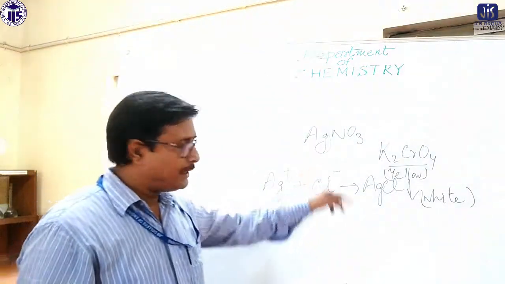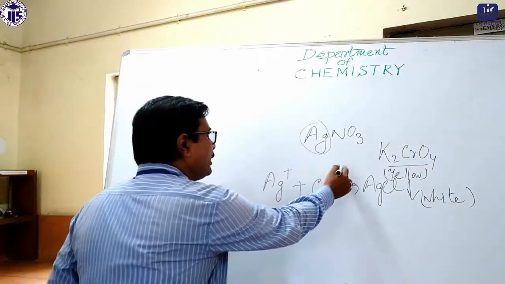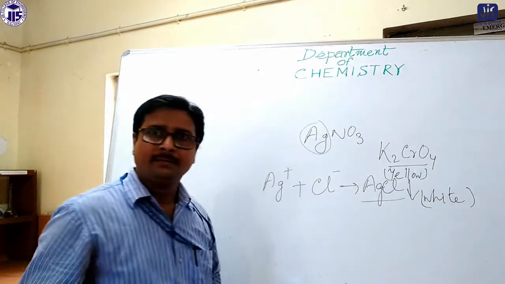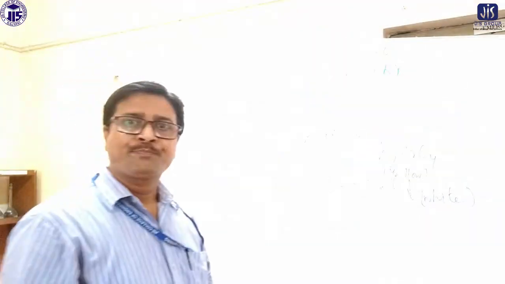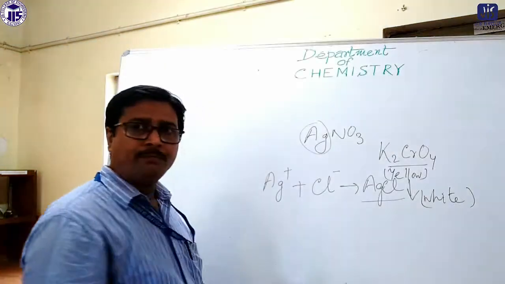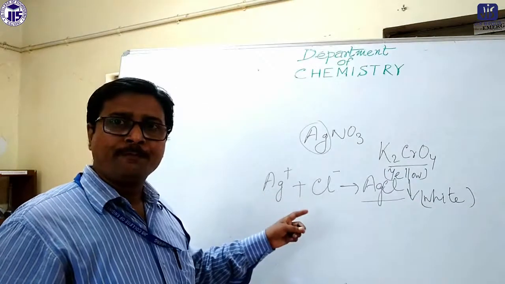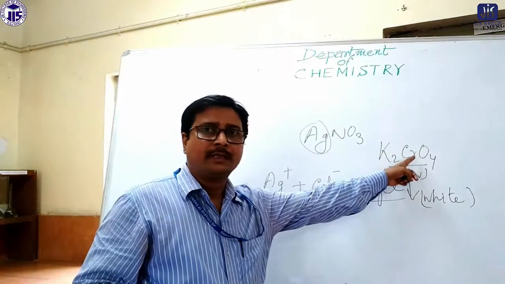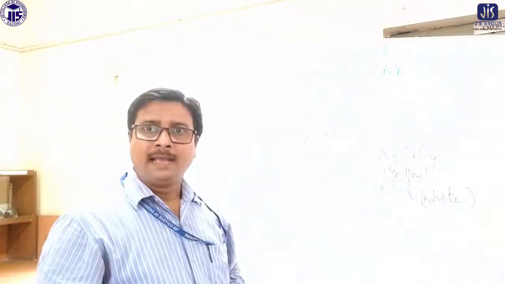Now when the titration is going on and all the chloride ion has been precipitated out as silver chloride, that means there is no chloride ion left in the water sample, then the excess drop of silver nitrate coming from the burette binds with chromate, the CrO4 2- ion, and forms silver chromate.